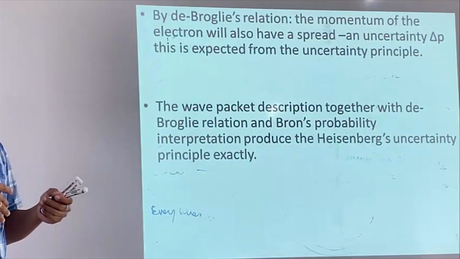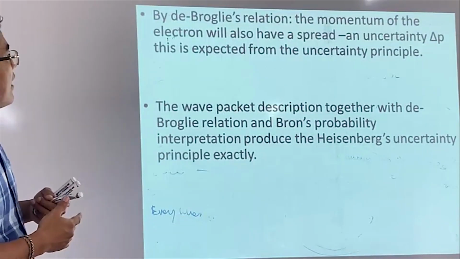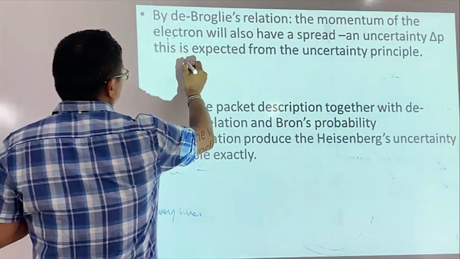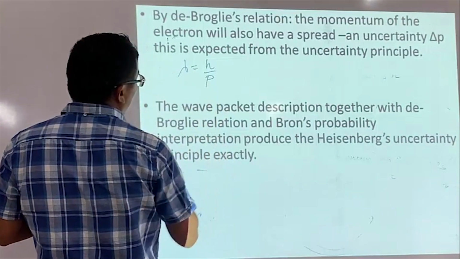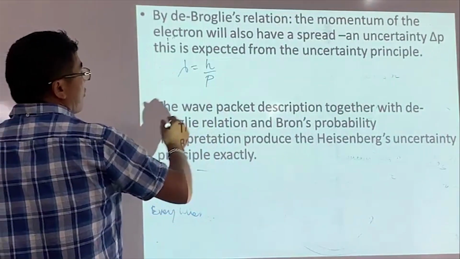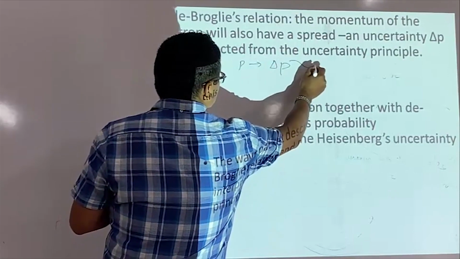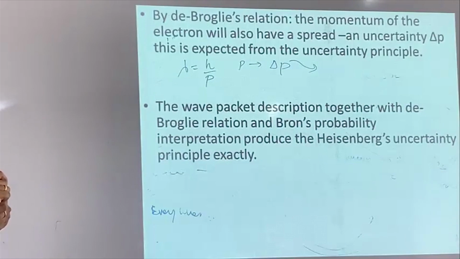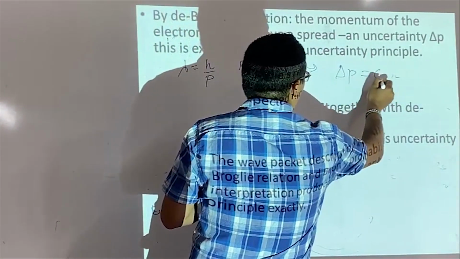That means there is an uncertainty in the momentum value. And that's what we talk about. In the equation h by p, it is not going to be just p; it will have some delta p. Delta p is what we call the uncertainty.